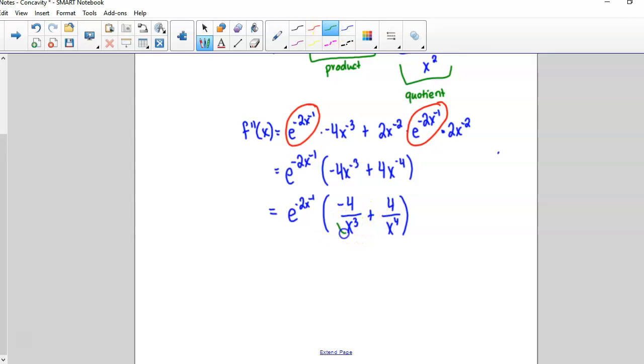If I multiply the first term by x, that gives me x to the fourth in both denominators. So I would have e to the negative 2x to the negative 1 times negative 4x plus 4 over x to the 4.